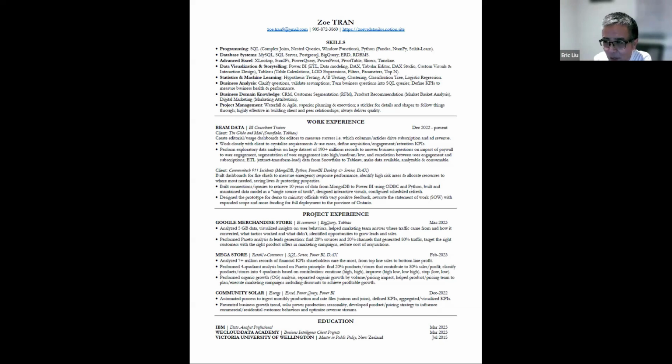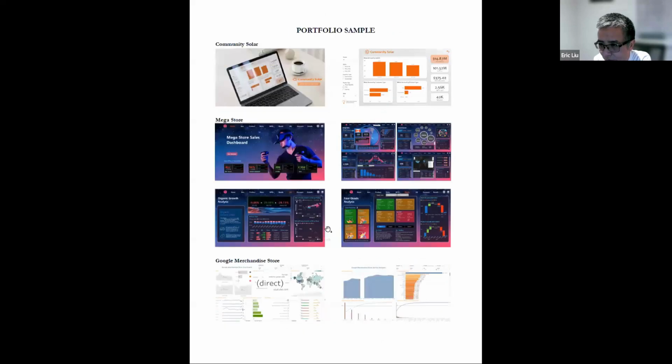I just want you to have a single view of the resume. So this individual, if you take a look at this one-page resume, there are actually two pages. The second page is not part of the resume. It is a portfolio sample. It's a work sample. I think it's a great idea if you include some work samples.